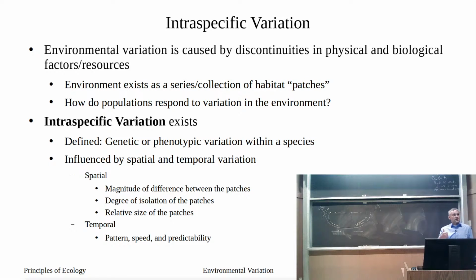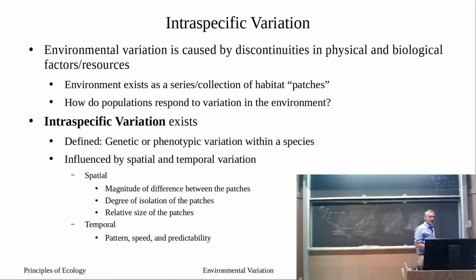The different habitat patches where our species can live can have different populations in them. How big a difference they are can lead to this intraspecific variation. How isolated those patches are can lead to intraspecific variation, as well as the relative sizes of these patches, big patches versus small patches. But spatial variation is only one aspect leading to this intraspecific variation.